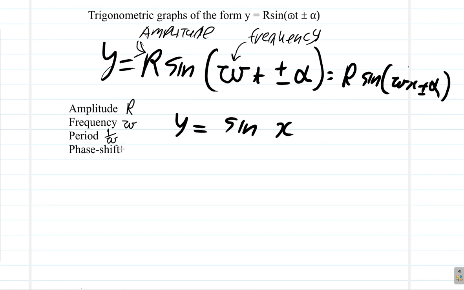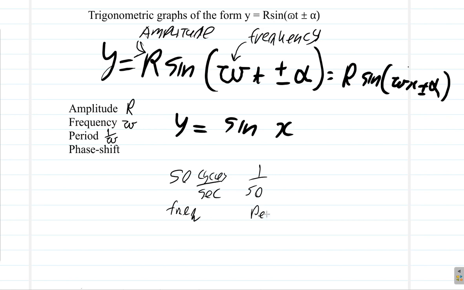Now, when you, for example, have a frequency of 50 hertz and you want to find the period, it's 1 over 50. But in this case, remember, hertz is cycles per second. That's the frequency.